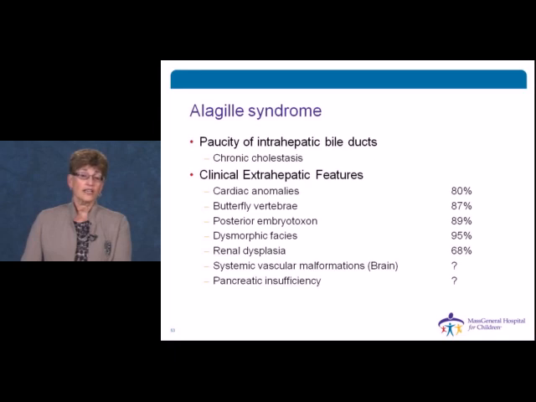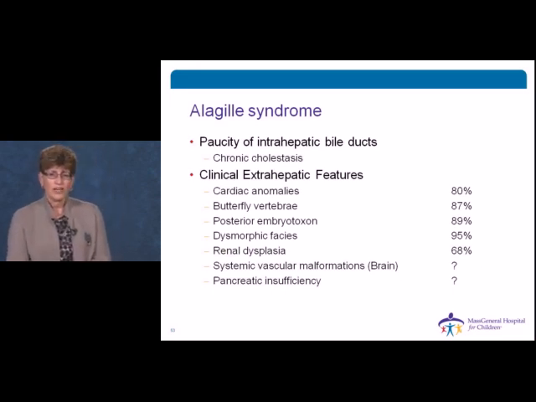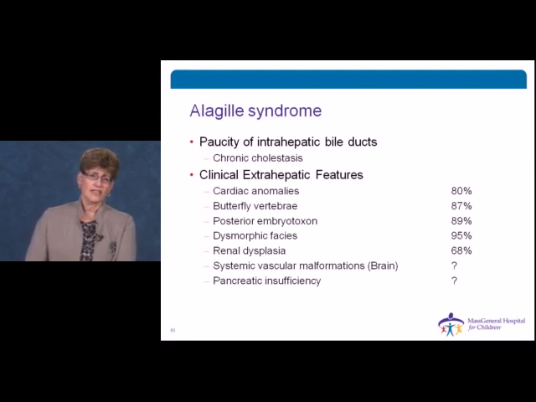There are associated clinical extrahepatic features that we see: cardiac anomalies in about 80% of babies, butterfly vertebrae, again in over 80%, posterior embryotoxon of the eye in almost 90% of babies, and a dysmorphic facies with a triangular face and a beaked nose, which is not clear is related just to intrahepatic cholestasis in general or to this specific lesion, Alagille syndrome. And also renal dysplasia has been described in these babies as well, up to about 70%.